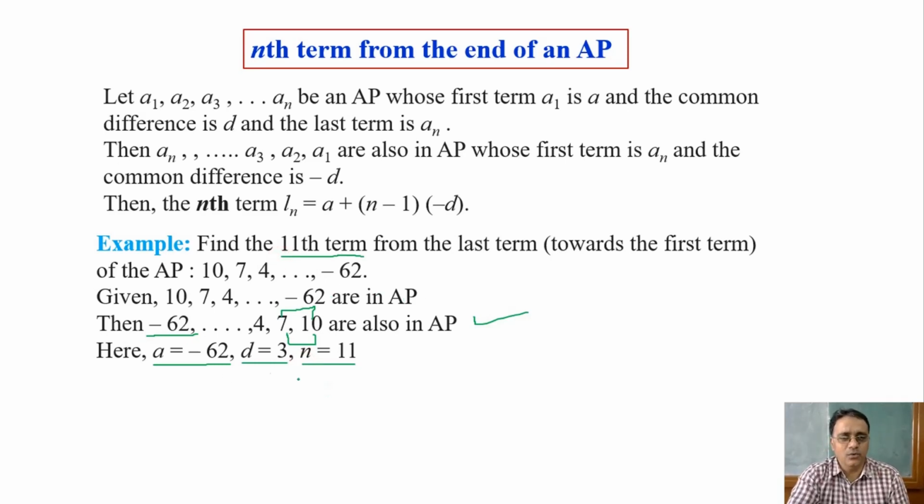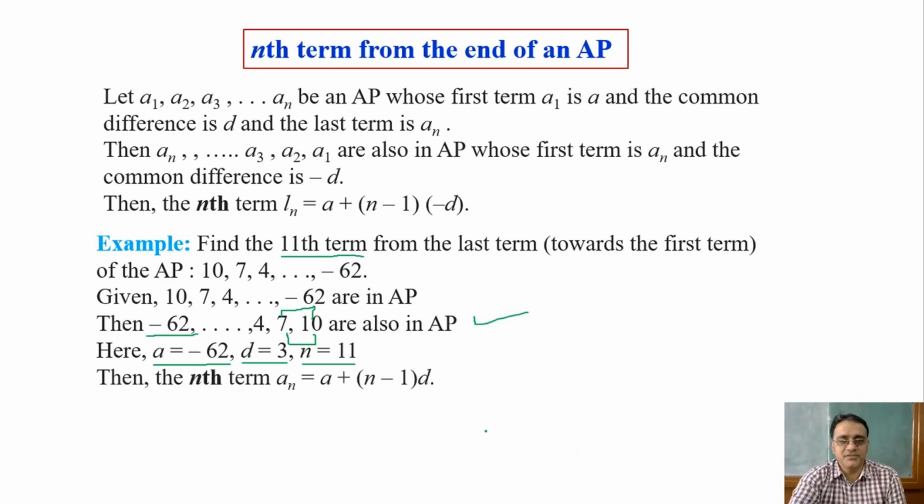Okay. Now AN, what is the formula of AN? A plus n minus 1 into D. Right. So what is A11? A11 क्या होगा? Formula use करेंगे तो A plus 10D. Right, A plus 10D.